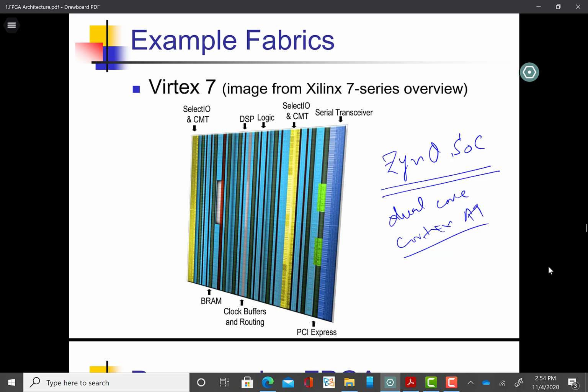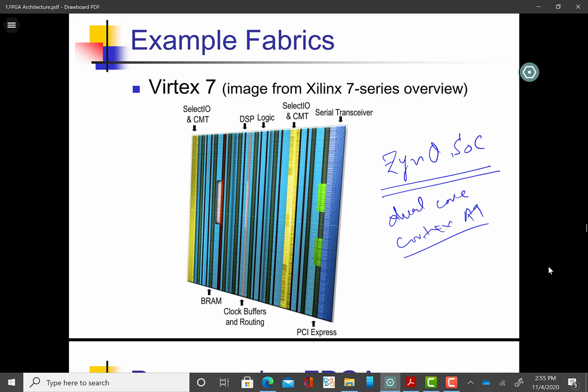If we talk about today's offerings from Xilinx, we have, I think, quad core processors, even GPUs, and real-time processors or microcontrollers. They are all integrated on the same chip.